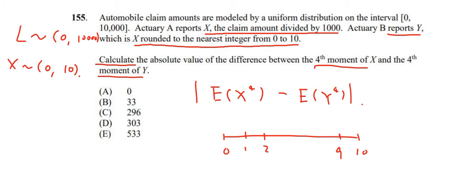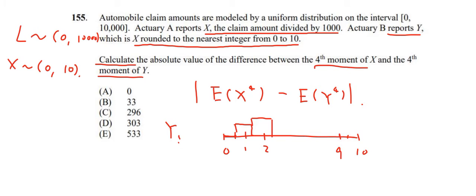From 0 to 0.5, y is 0. From 0.5 to 1.5, y is 1. And then from 1.5 to 2.5, y is 2, like that.